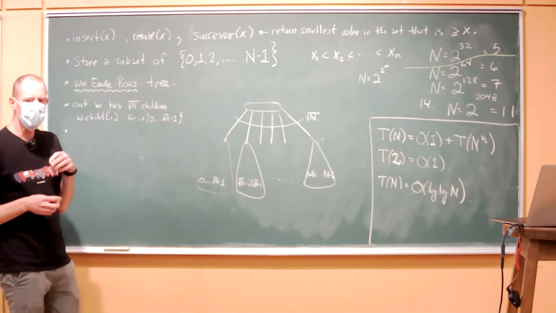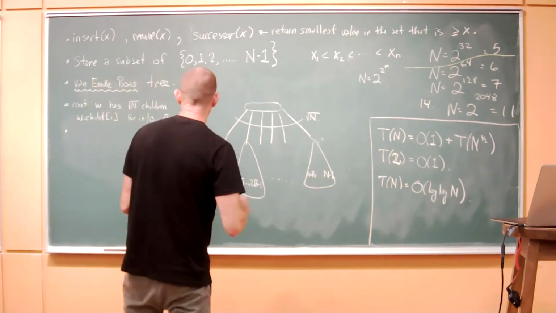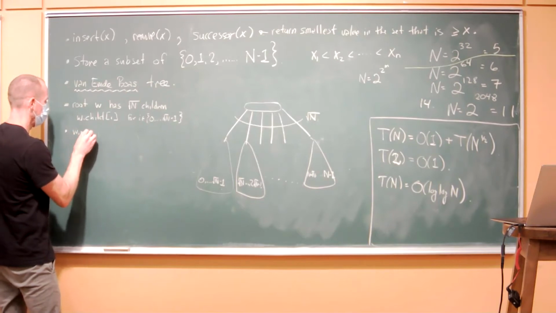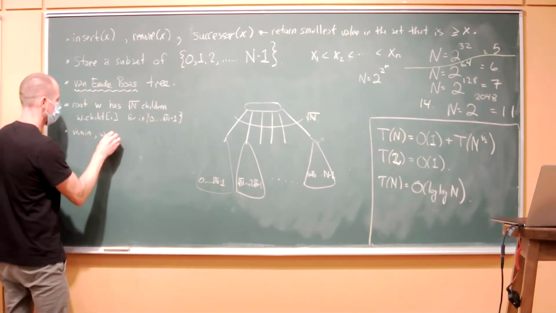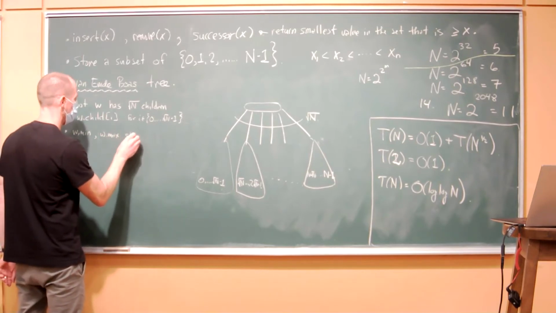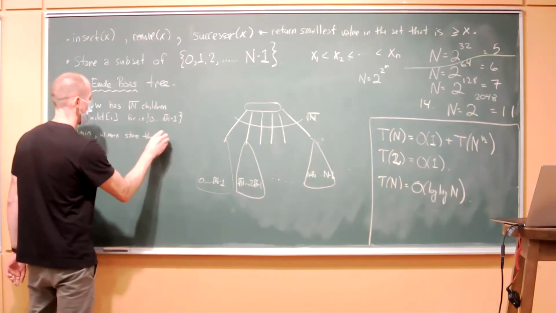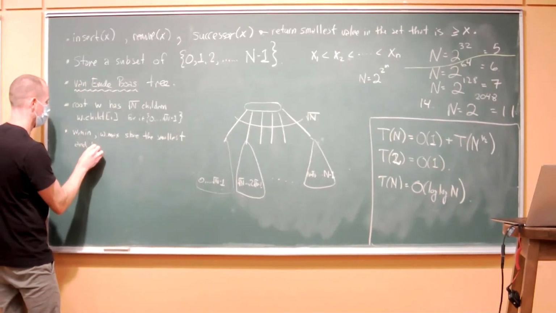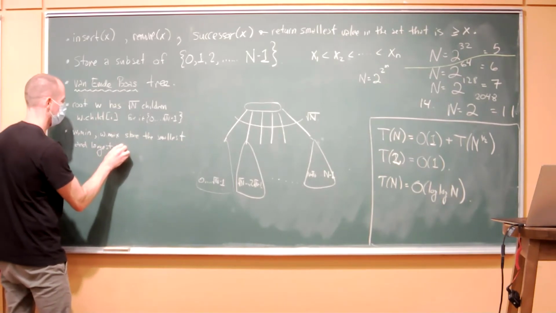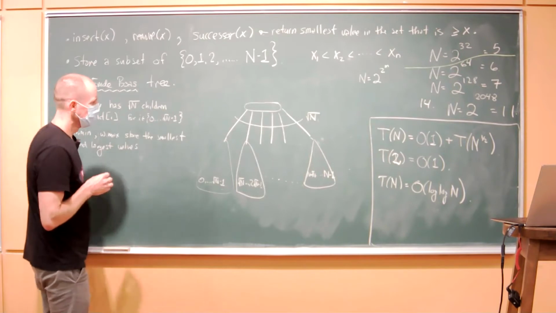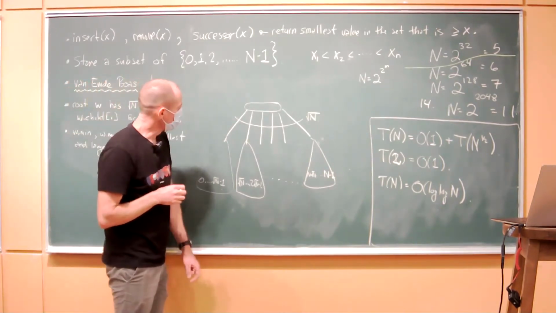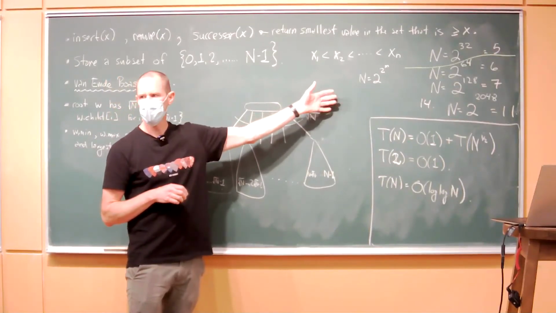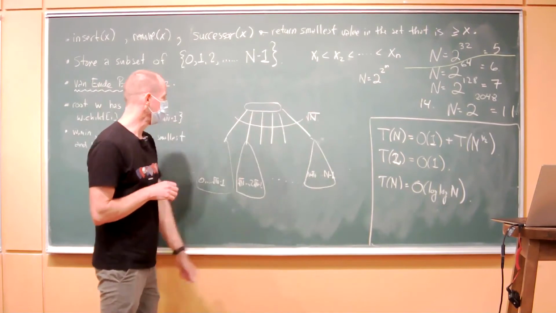Another sort of what seems like a small idea is we will also have w.min and w.max store the smallest and largest values. Okay. So that seems like not such a big deal. Whatever the smallest value in the set is, we remember it. Whatever the largest value in the set is, we remember it. And that's at the root.